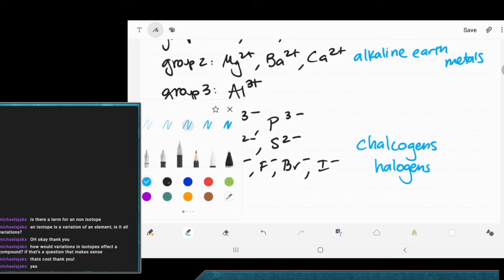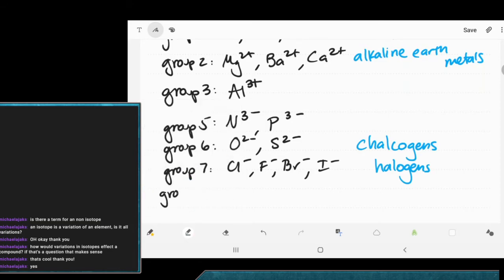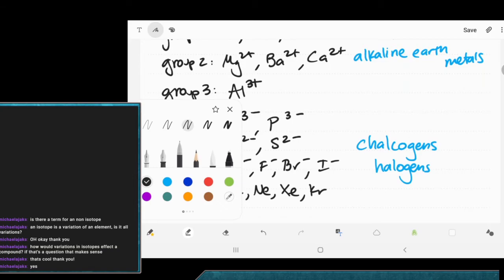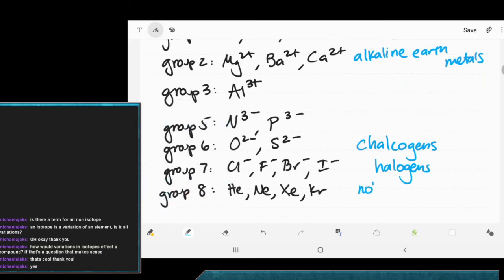And group 8, which don't take charges. Remember, we got some of them. Those are called noble gases. These are just examples from each group, along with the charges that they take.